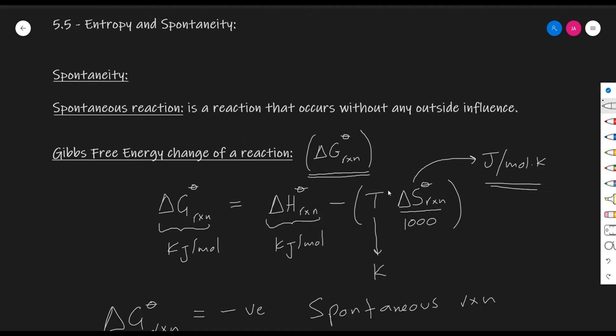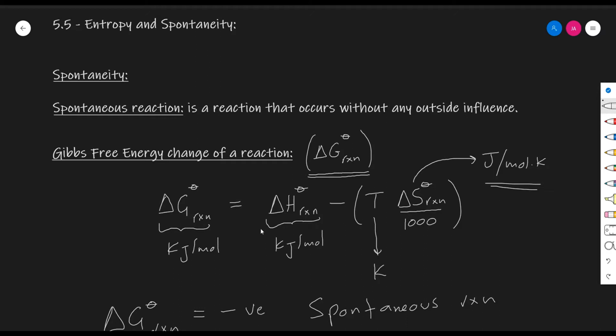The unit of temperature is always in Kelvin, and both these units of Kelvin would cancel each other out, and thus the overall unit of the Gibbs free energy change of reaction would be in kilojoules per mole.